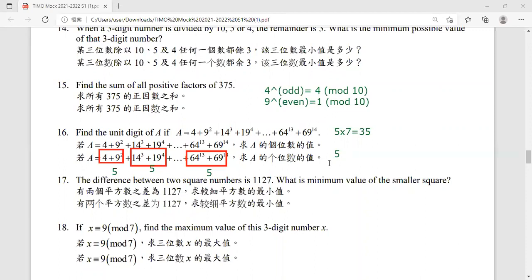Just that. 7 pairs. So just find the pattern. Don't stress, okay? Just find the pattern.